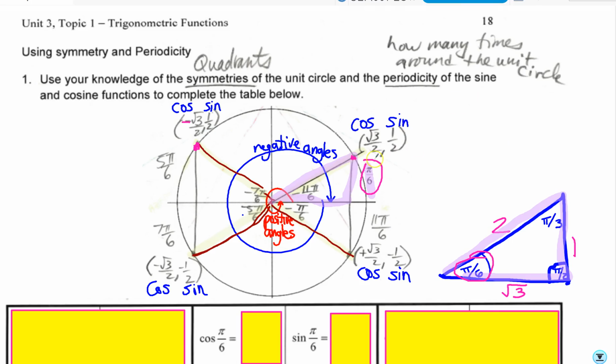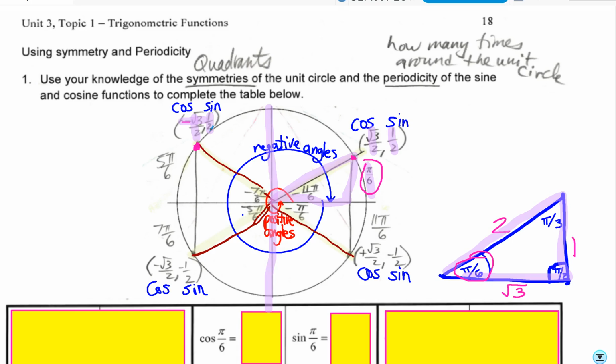So the same thing happens with my coordinates here of square root of 3 over 2 and 1/2 reflected over the y-axis means it's now the negative value, negative square root of 3 over 2. And then, of course, I'm the same height as I was, just as I would have been on the Ferris wheel. So my sine value stays the same.